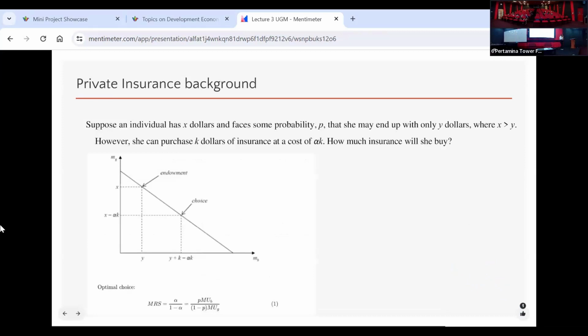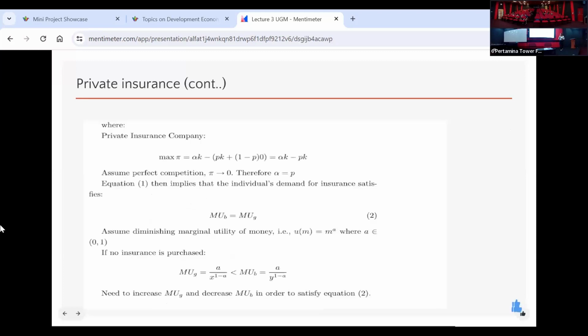So I'm more or less there, and I have found out that the marginal rate of substitution was a over 1 minus a, and that p over 1 minus p is the marginal utility of good. However, the condition for individuals to buy insurance is that the marginal utility of bad is equal to the marginal utility of good.